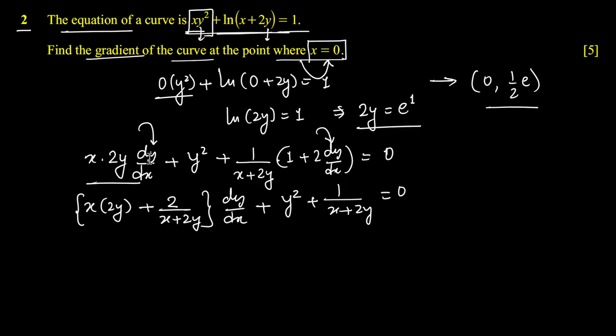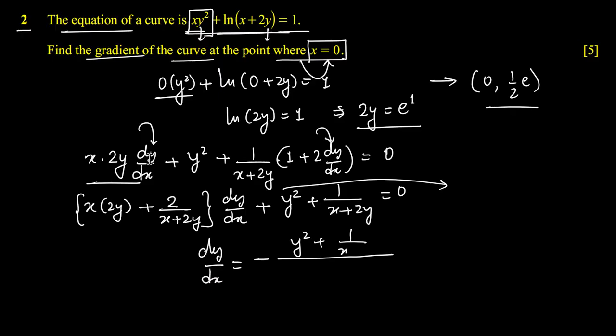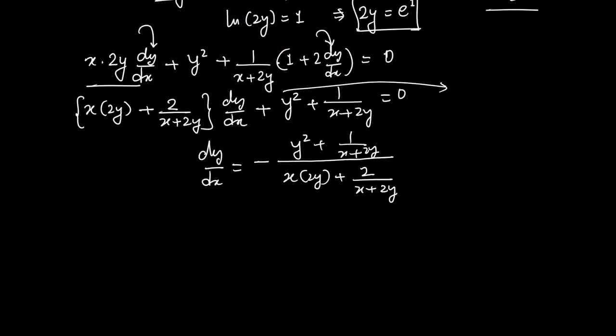So we can directly write dy over dx from here, which is dy over dx equals this whole thing to the left and right hand side, which makes it negative, and then y squared plus 1 over x plus 2y over x into 2y. The reason behind writing 2y together is that we know that 2y is just e, so plus 2 over x plus 2y. Now we'll just plug in the x value.